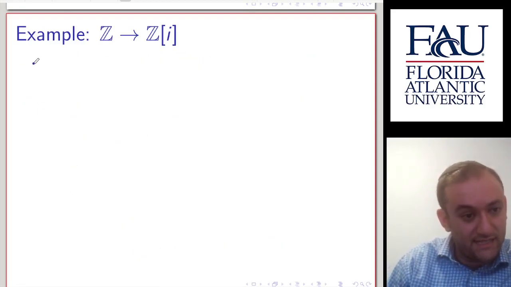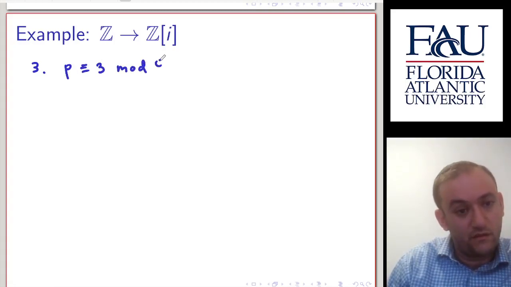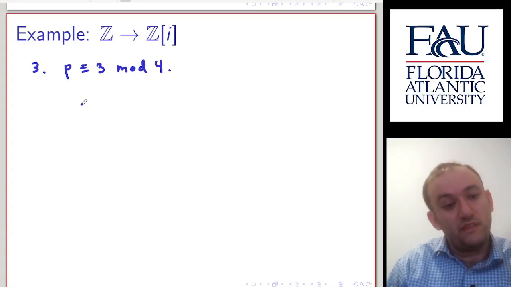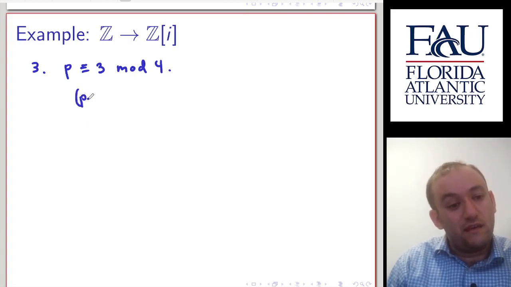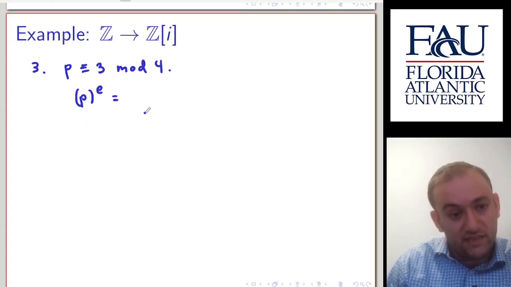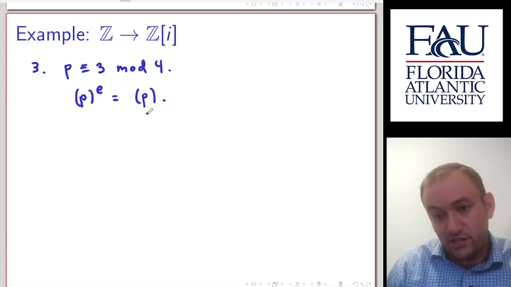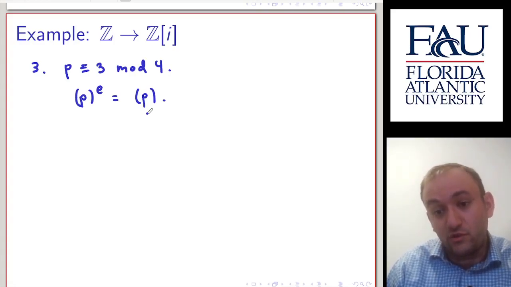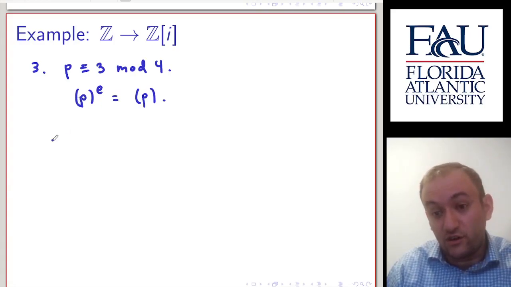And what's the last case? We have p congruent to 3 mod 4, and these are primes like 3 and 7. These have the distinction of extending to ideals that are generated by the same prime. So unlike the primes that are 1 mod 4, which factor into two prime ideals, these remain prime in the target ring.